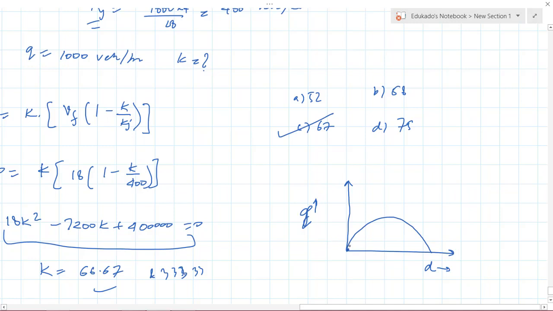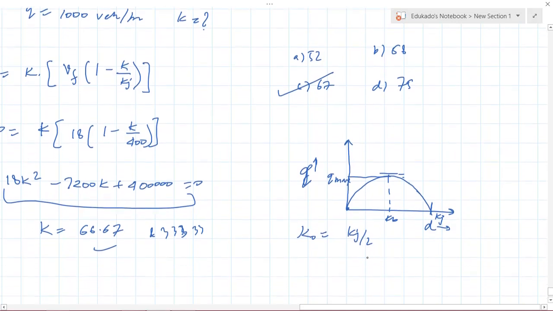Then as density starts increasing, the flow increases until it is maximum. Then density increases but flow decreases, until there is a jam, which I call Kj. When Q max was maximum, this was k naught, which is Kj by 2.